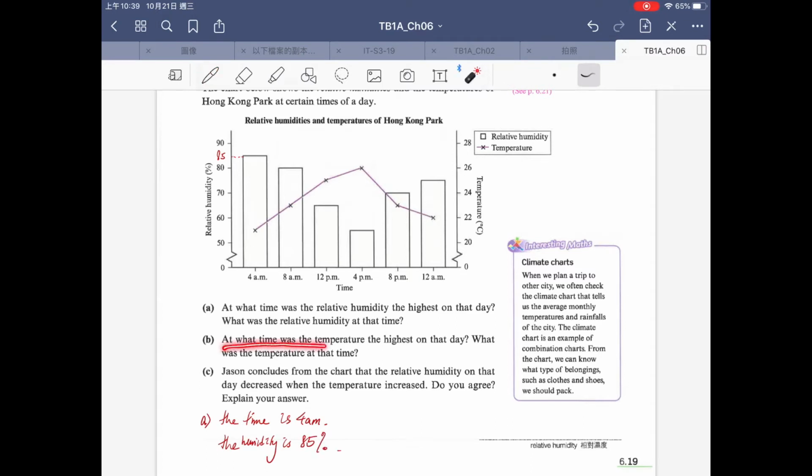Look at part B. At what time was the temperature highest? Temperature, broken line graph. So the highest is this dot. But this time, the time is 4 p.m.